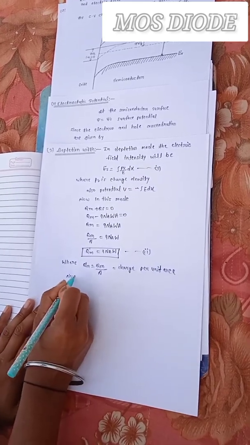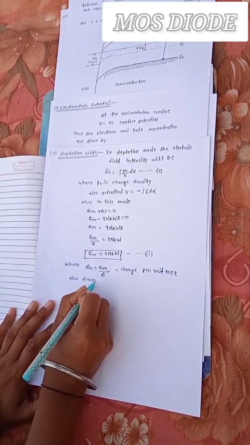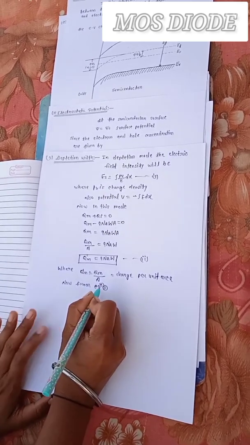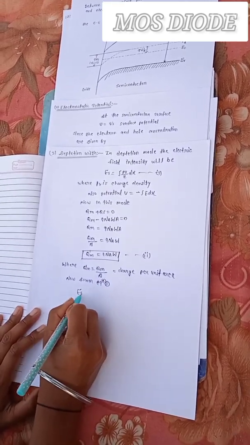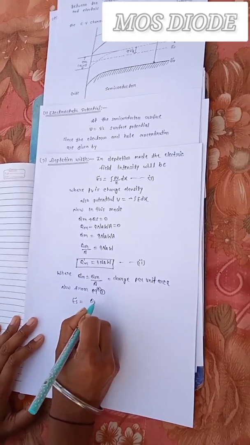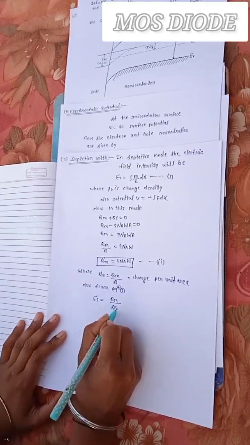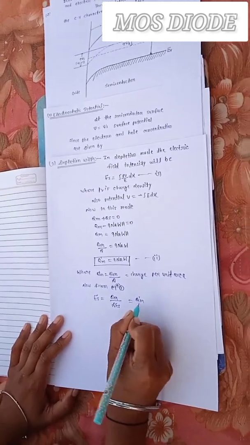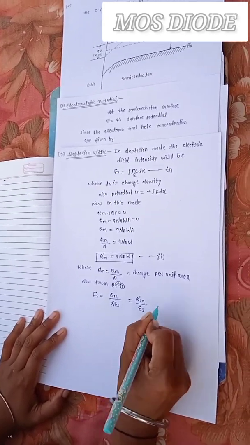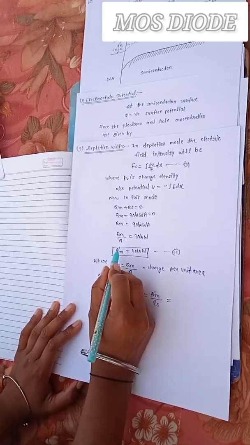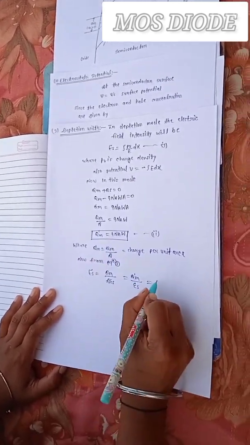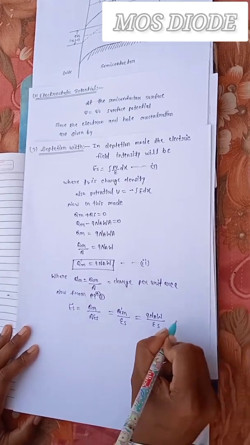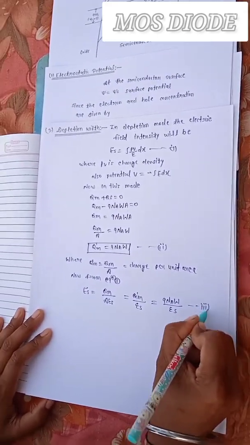Now from equation number 1, Es is equal Qm upon A epsilon s, then Q prime m upon epsilon s. So the value of Es is q Na W upon epsilon s. This is equation number 3.